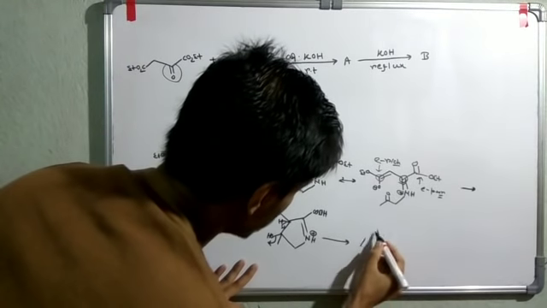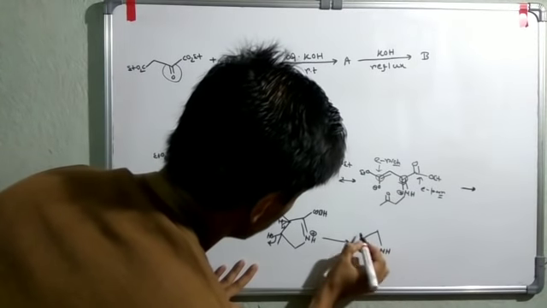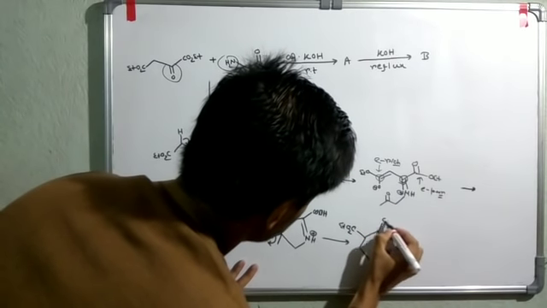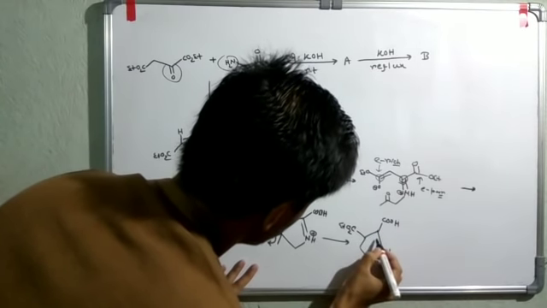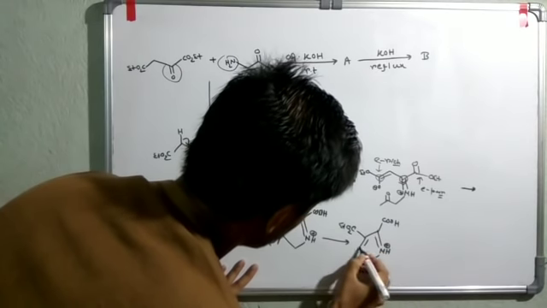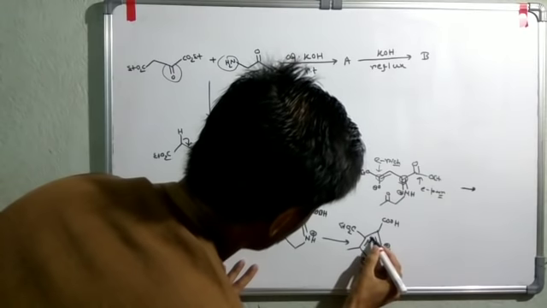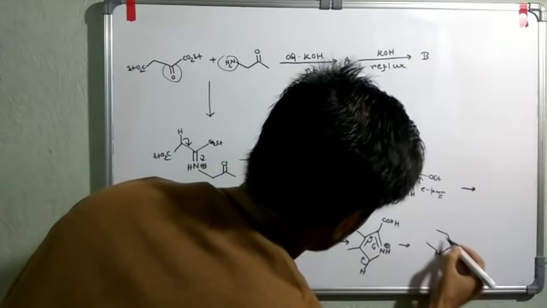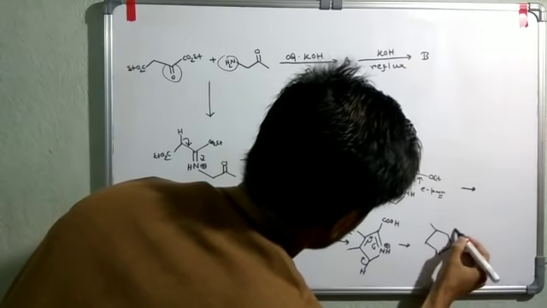Several books write several types of mechanism, that doesn't matter. So here you have this acid group, now double bond here. Now you have a proton over here, so this proton can go, and you will get your product like this.